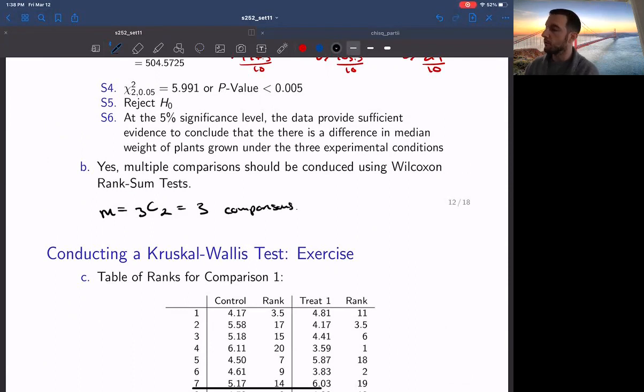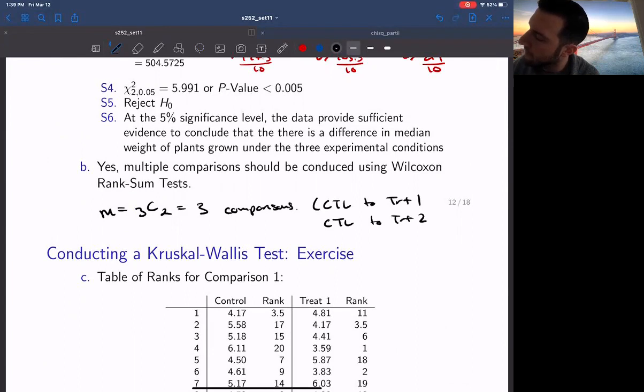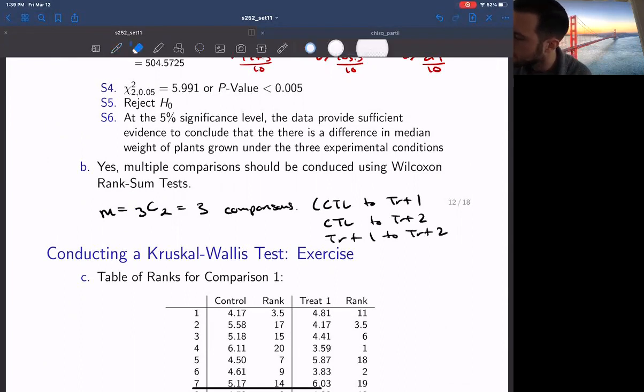We're going to compare control to treatment 1, control to treatment 2, and treatment 1 to treatment 2. Okay, so those are the 3 comparisons that we're interested in.